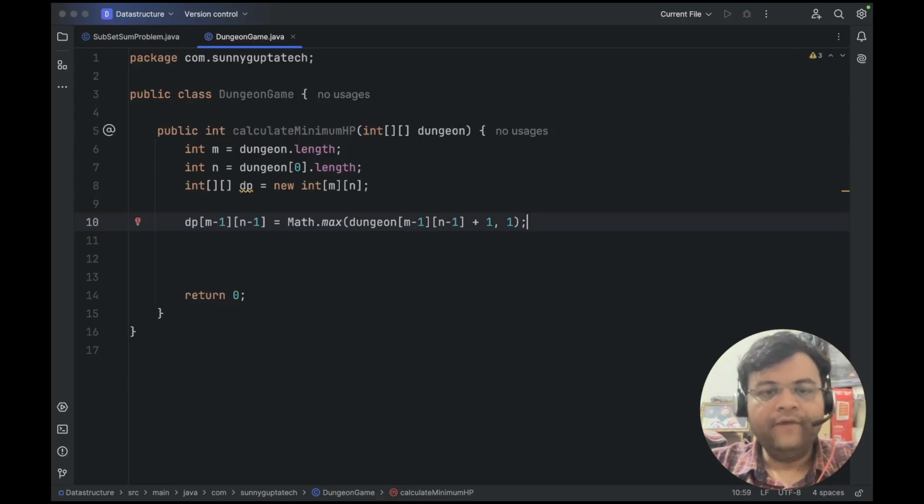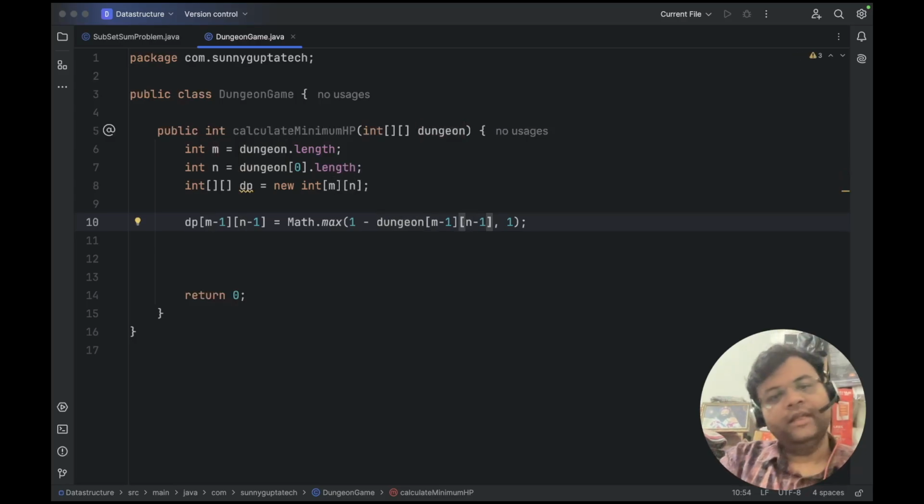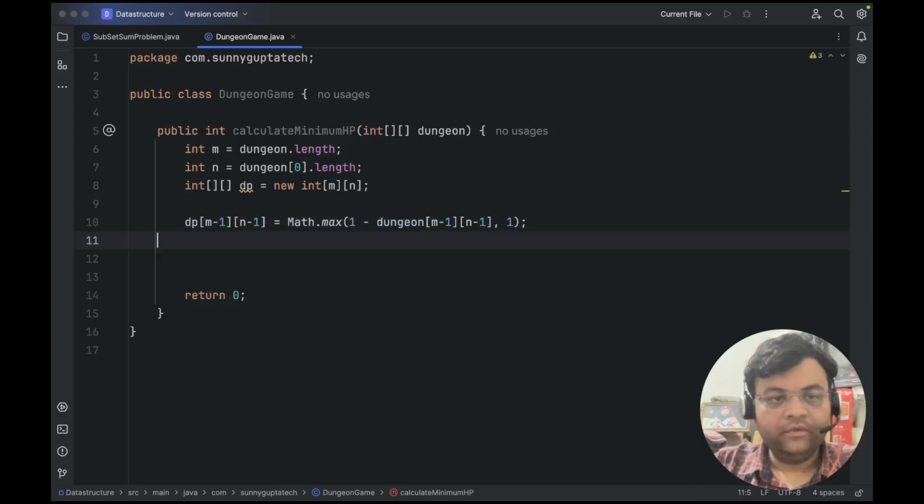So if we add 1 to it, if it is negative, I need 1 minus that value. If it is negative, then this will be adding up and this will be more than that. If it is positive, then we need 1. Yeah, that will work, right?